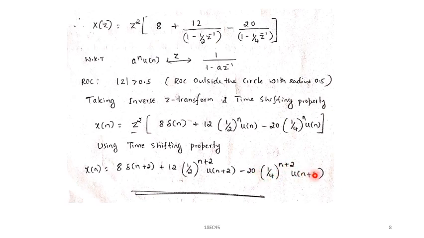So this n is replaced by n plus 2. This problem appeared in the model question paper also. So the ROC is given as mod z greater than 0.5. If it were given as mod z less than 1 by 4 or 0.25, then we would get a left-sided sequence. All these would be left-sided sequences.